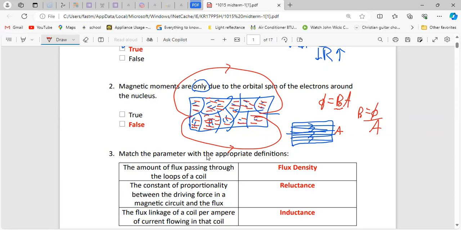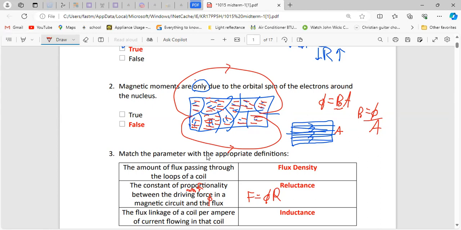The constant of proportionality between the driving force, which is the MMF, and the flux, that is reluctance. The driving force is just MMF, so don't let it confuse you, and flux. So back to my brain again. Know your equations, because the equation popping out in my brain is F equals phi R. MMF and phi, the equation that links the two together is this here.